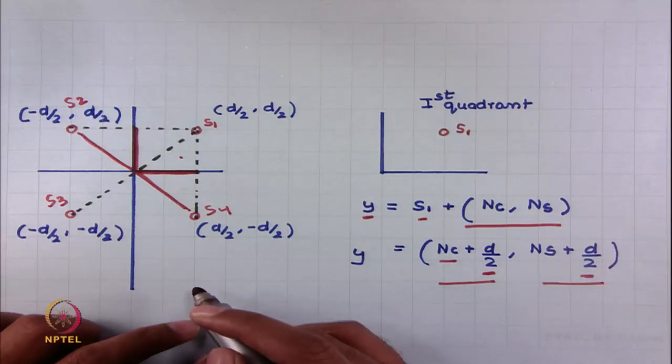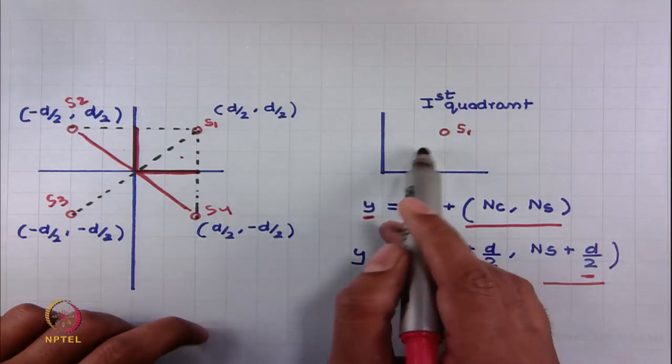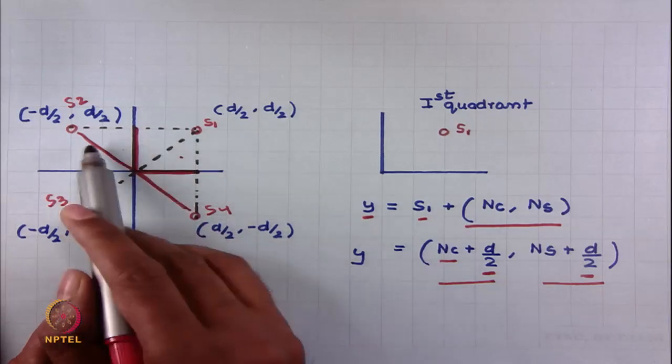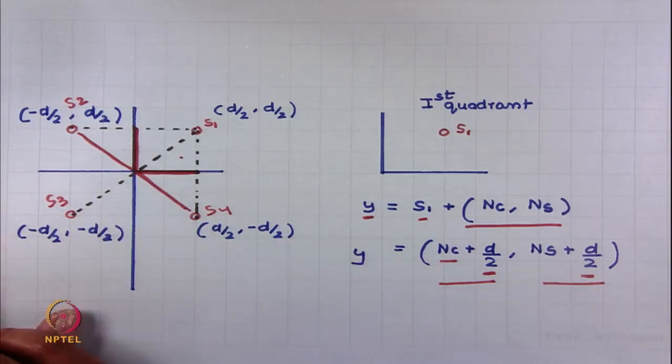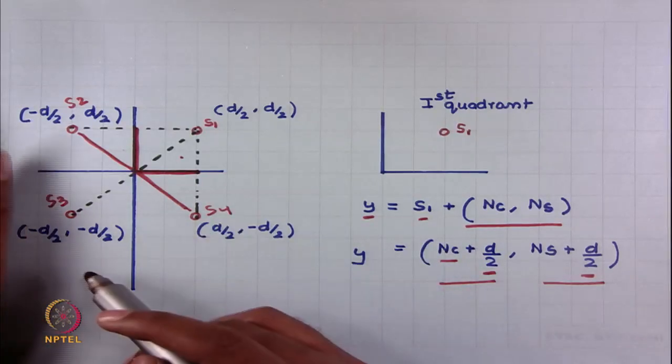Okay. Now, when will an error happen? An error will happen when the received number will slip out of this first quadrant. So, it might go either to the second, third or fourth quadrant. If the received number slips out of the first quadrant, then an error will happen.